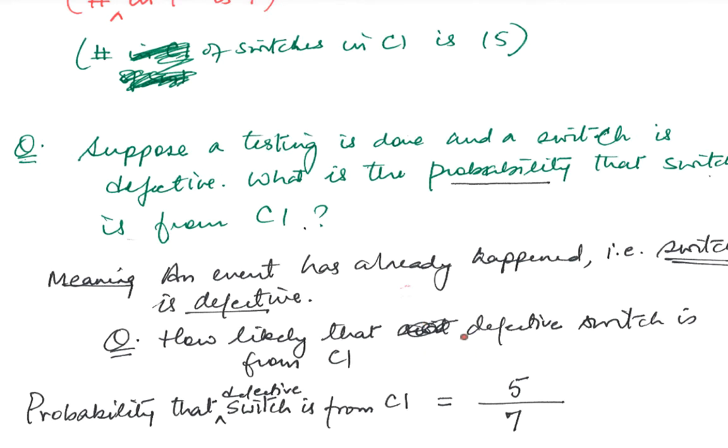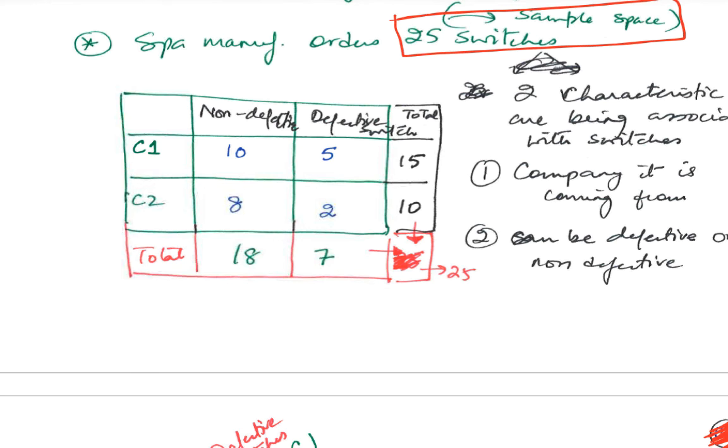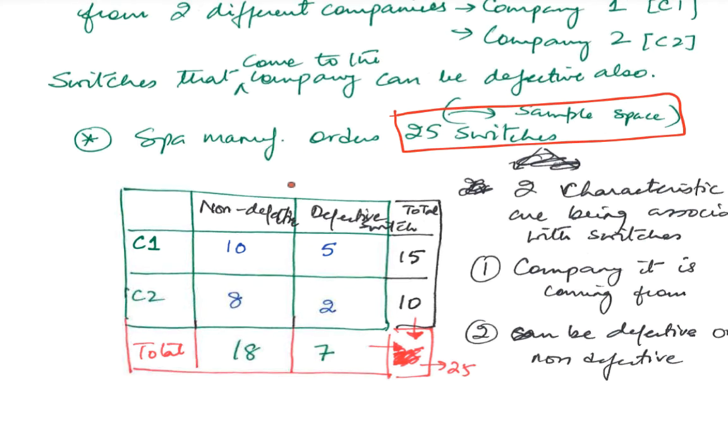If we simply use logic here, no math at this point, let me go back to the diagram, the table. It says the switch is already defective. So what's basically going on is we are looking at this little sample space instead of 25. I have already got a defective switch.